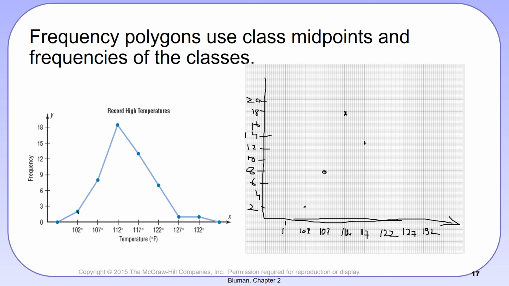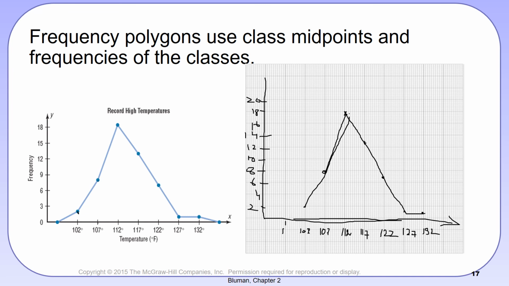Here the frequency is just 7, here the frequency is 1, and for 132 the frequency is also 1. Just join all these points. So this is called the frequency polygon.